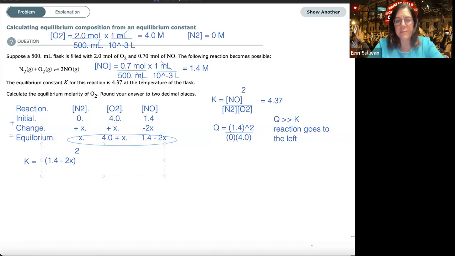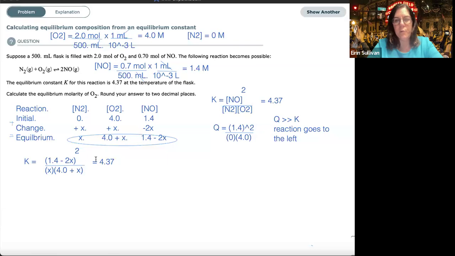On the bottom is the concentration of nitrogen, which is X, times the concentration of oxygen, which is 4 plus X. Hopefully you remember how to do algebra. I know it's been a while. All of that is equal to our equilibrium constant, which is 4.37, given to us in the question.